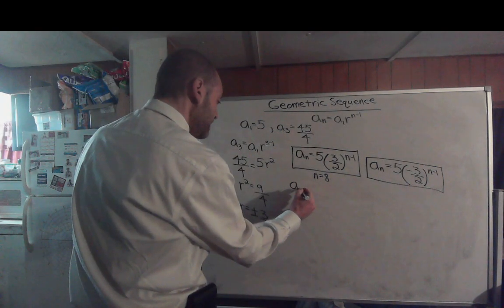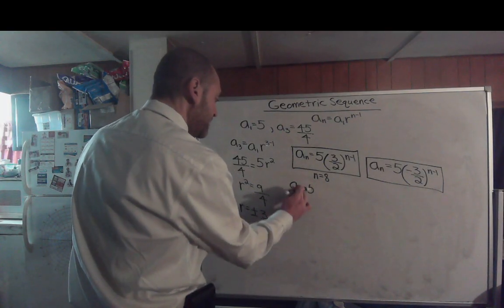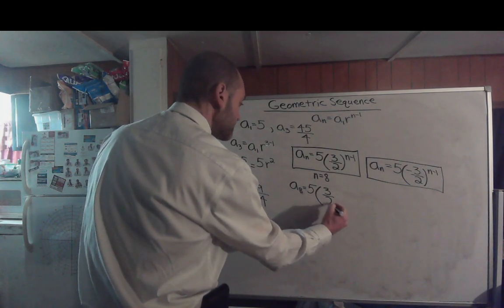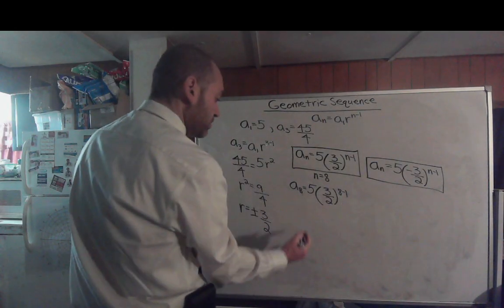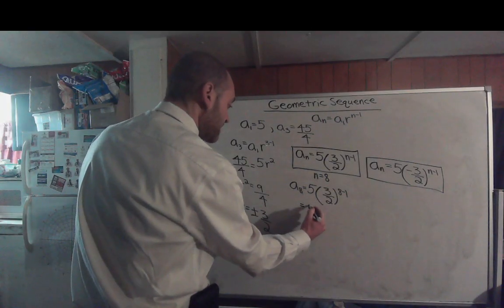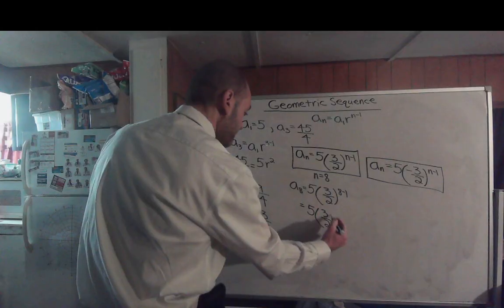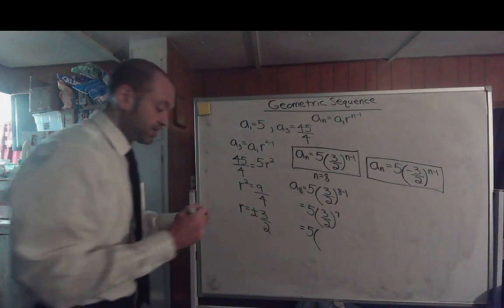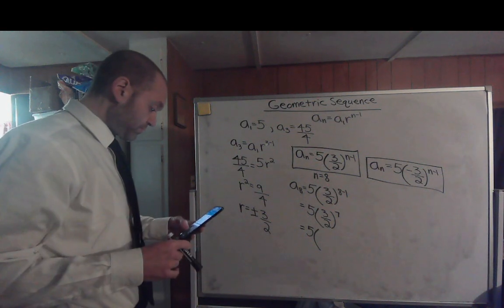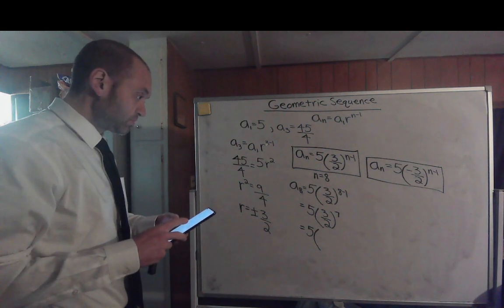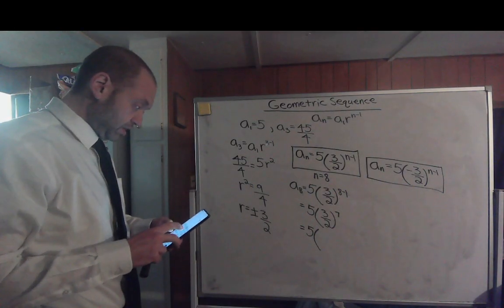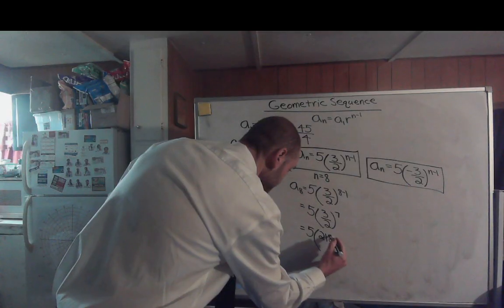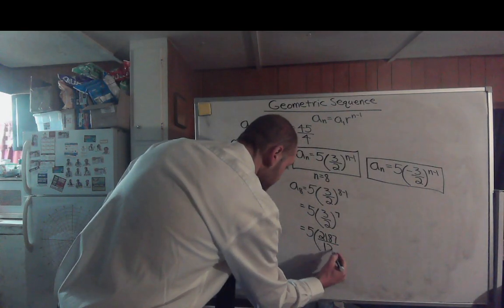So a sub 8, I should say, we're finding the eighth term, would equal 5 times 3/2 to the 8 minus 1 power, which would equal 5 times 3/2 to the 7th power, which would equal 5 times whatever the heck that is. All right, 2,187 all over 128.